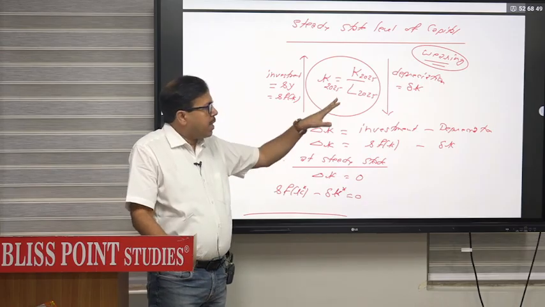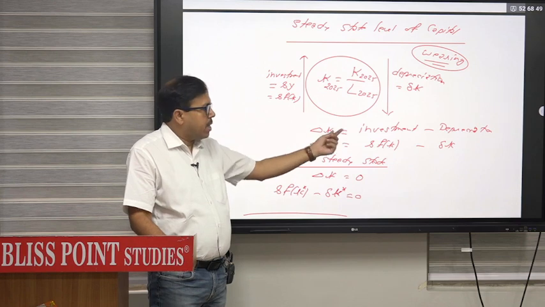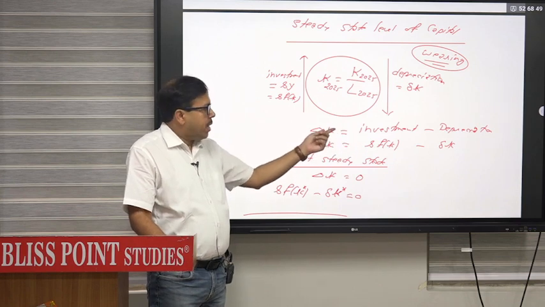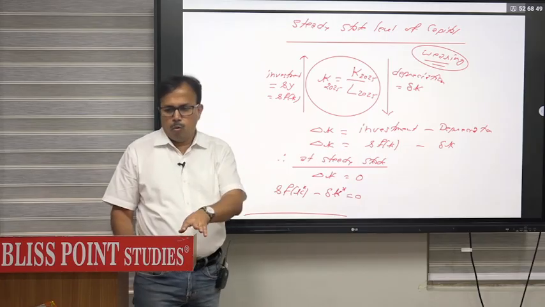So you are basically explaining this process. Not just writing symbolically in this format that delta K is investment minus depreciation. So change in the capital stock is determined by the difference between investment and depreciation.